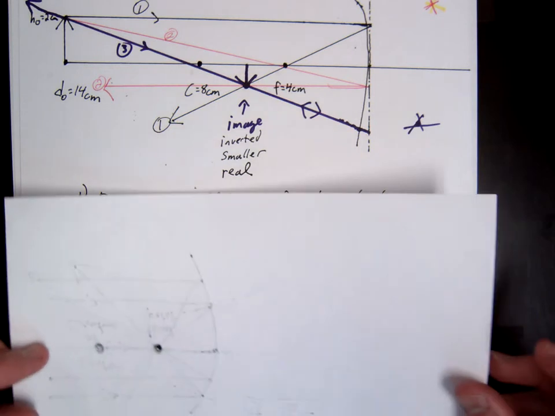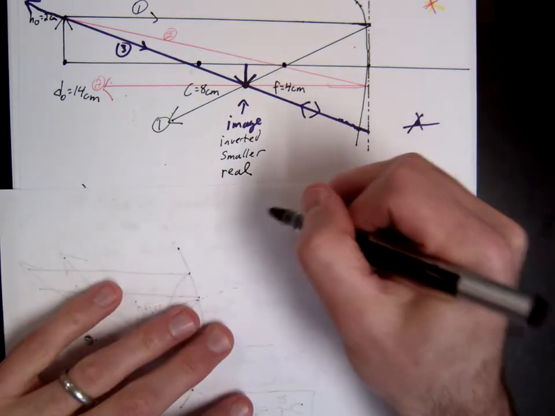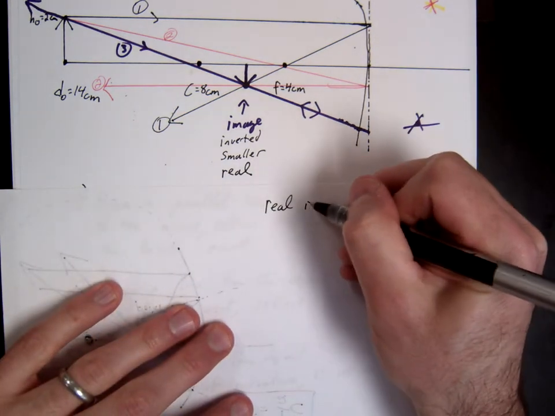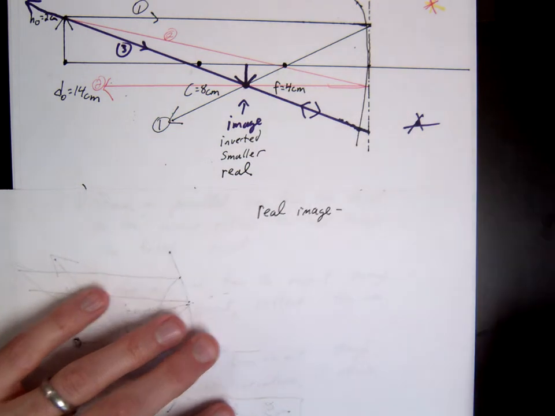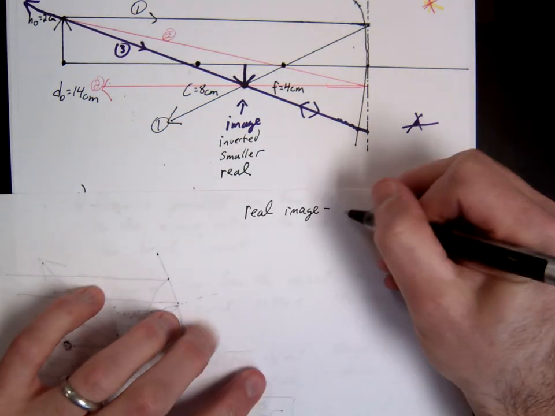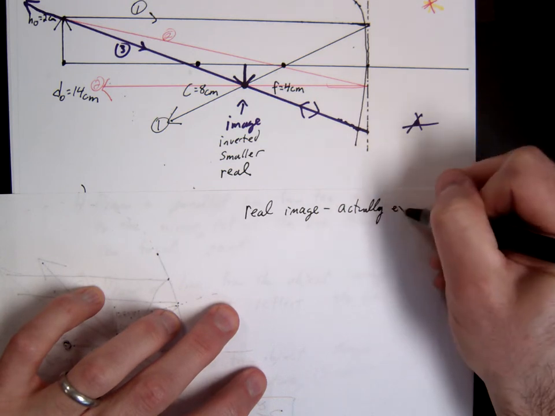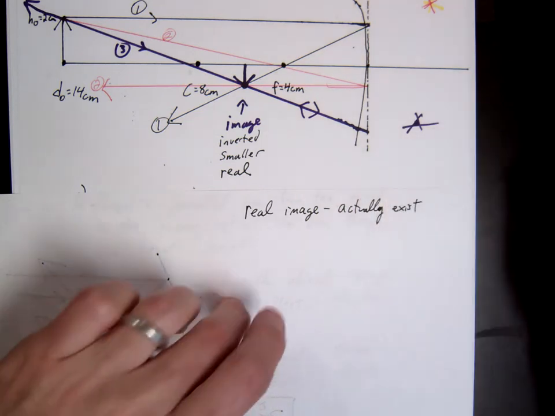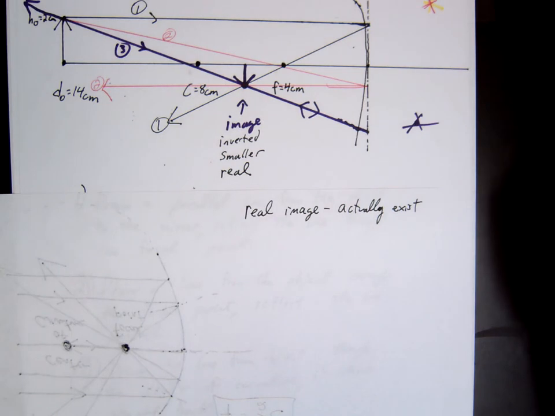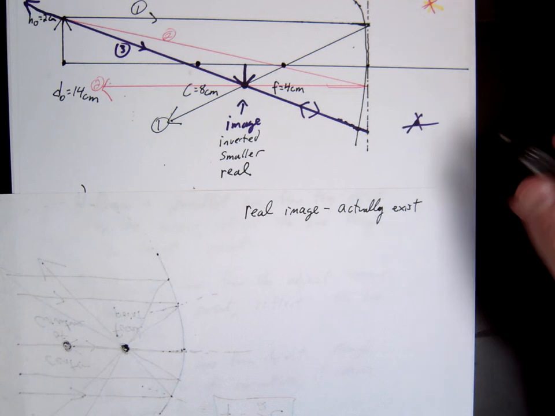So what a real image is, in a nutshell, is that real images actually exist. In other words, unlike a virtual image, which required a human to actually be there to see it, a real image is actually there.